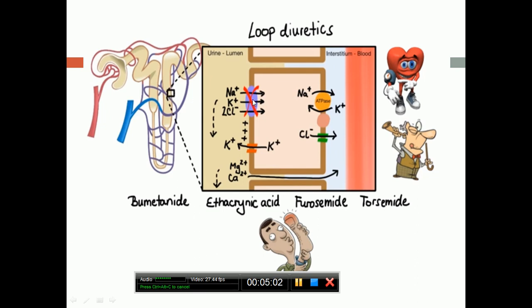There is this transporter. So transport could be different. I will just tell you after this what types of transporters could be there in this epithelia. So at this segment, this is the most important one. What it does, it transports at the same time sodium, potassium and 2 chloride ions.